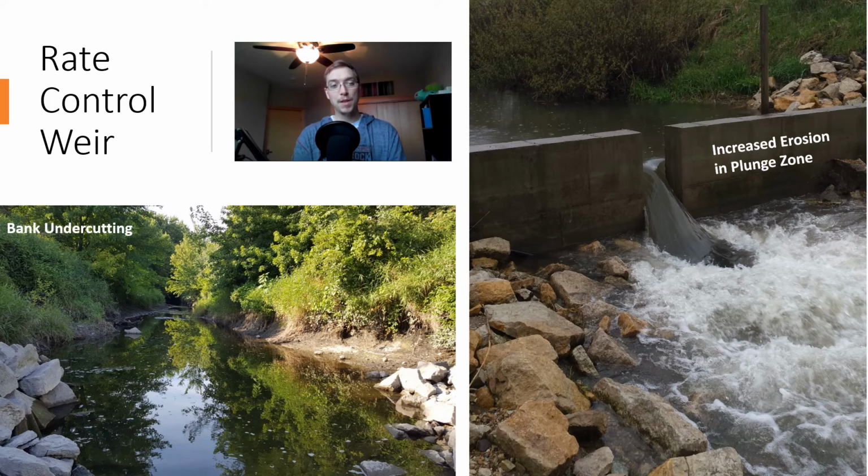That's happening because we're basically destabilizing our bank because we're increasing the water velocity and eroding the stream banks. And we saw a lot of erosion within kind of what we call the plunge zone also, just underneath where that water is coming through. And then at one point, the weir was eroded around. If you see the rocks on the far side of that right image, those were put there because the water had just eaten its way around this weir, making it completely ineffective.